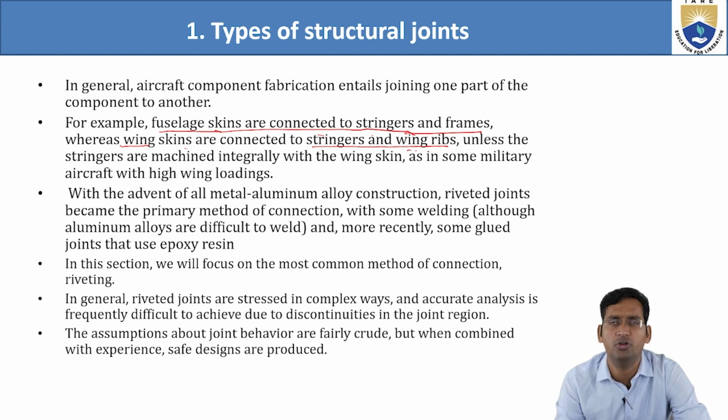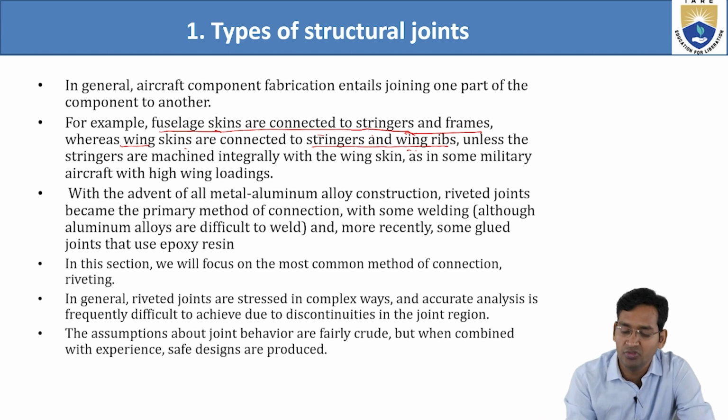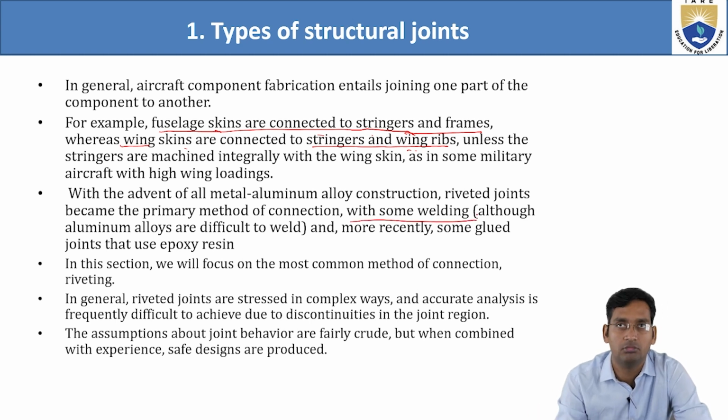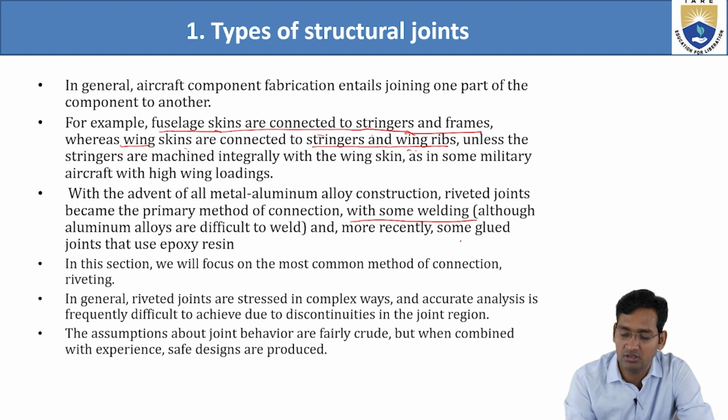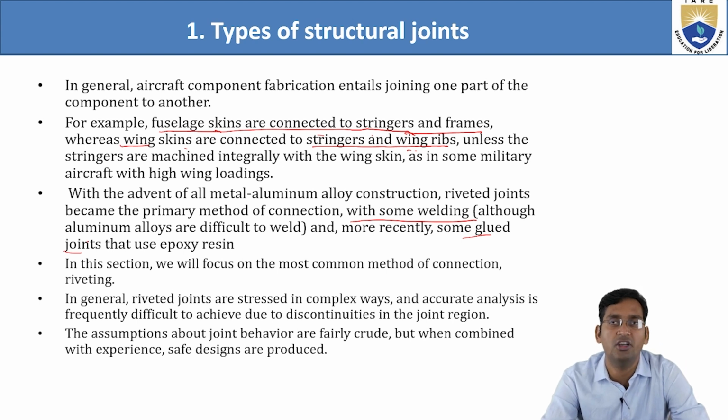Welding is difficult for aluminium alloy, but for other metals it can be done. More recently, some joints can be fixed or glued with epoxy resin, because that also provides enough strength to sustain the load.